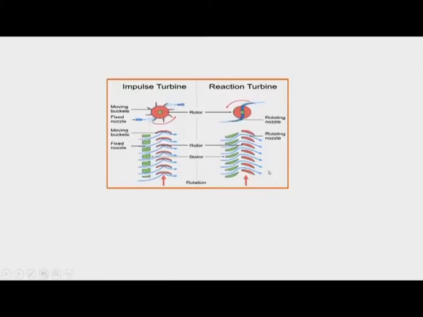Here the flow moves downward and as a reaction there is rotation of the turbine blade in the opposite direction. So this is how the impulse and reaction turbines operate for the gas turbine.